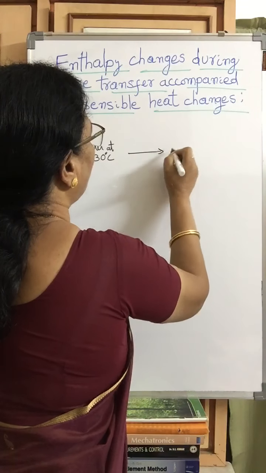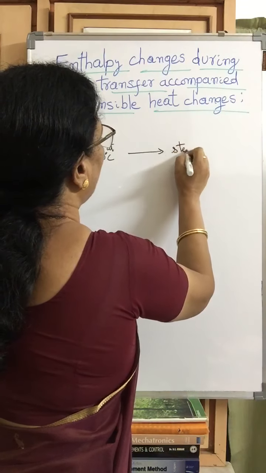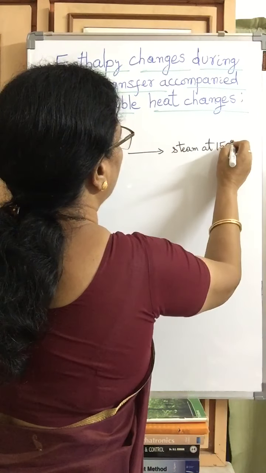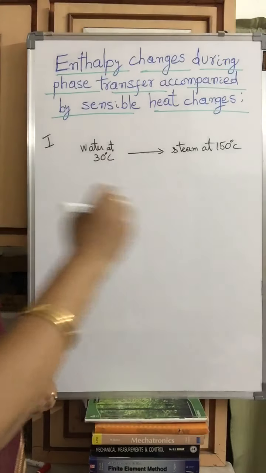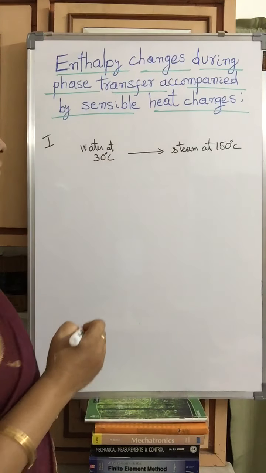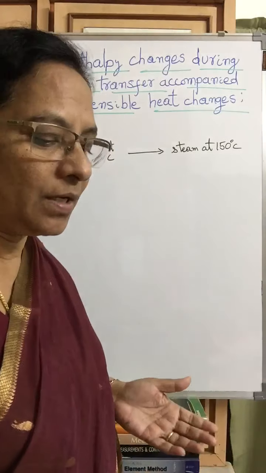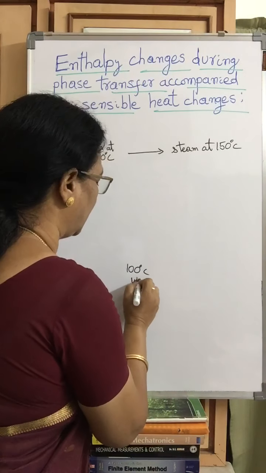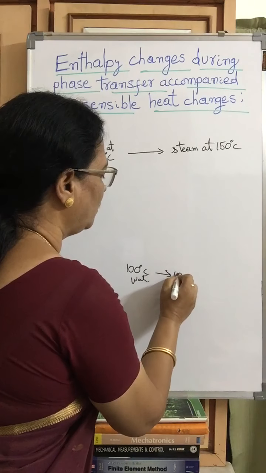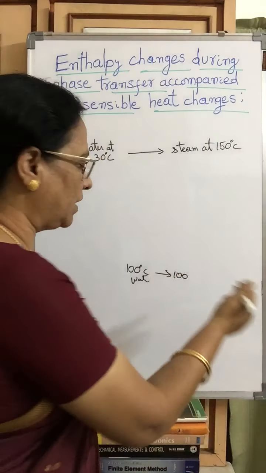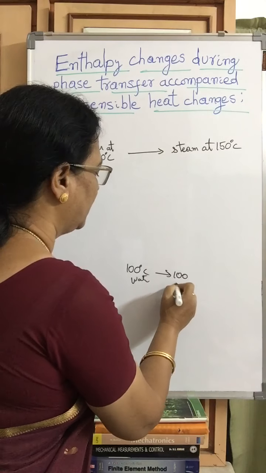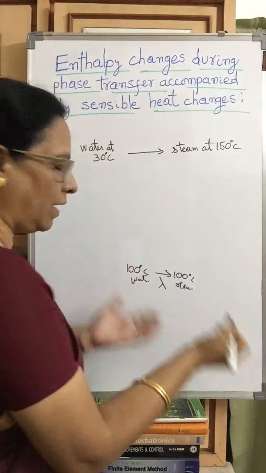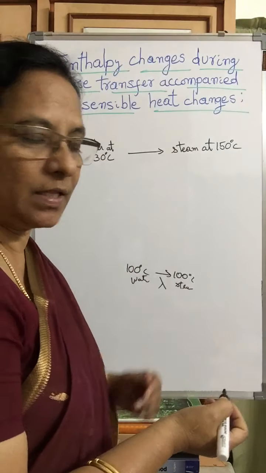We want to convert this to steam at 150 degrees centigrade, because in chemical industry, suppose you have water at 100 degrees centigrade, if you want to convert to steam at 100 degrees centigrade, then what is this? This is nothing but lambda, latent heat. That's what we have seen in the last class.